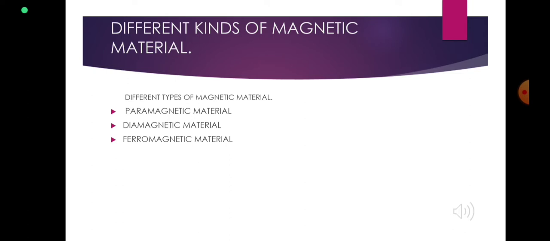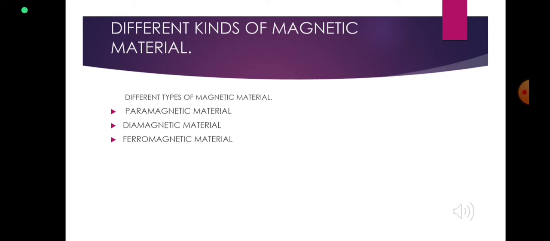The behavior of magnetic material is different when you are applying some magnetic field to the material, and accordingly these are classified into three main categories, and they are paramagnetic material, diamagnetic material and ferromagnetic material.